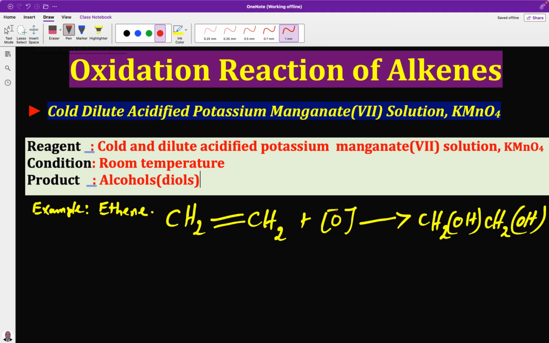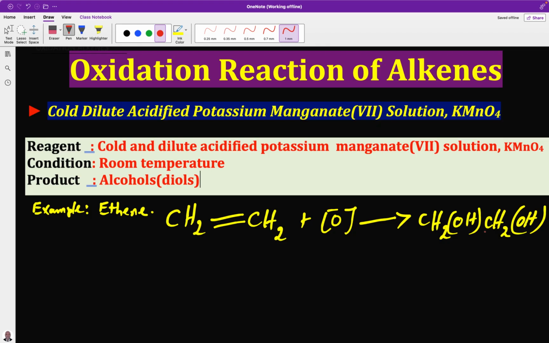This is the symbol usually used in organic oxidation reactions. Our oxidizing agent here is the acidified potassium manganate 7 that provides this oxygen. And the result is the formation of diols.